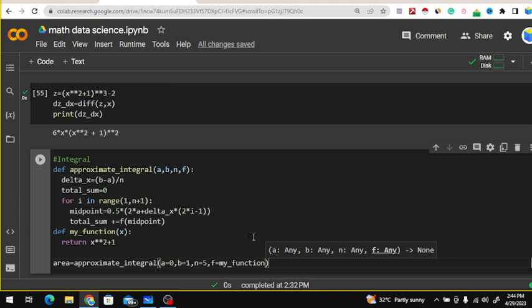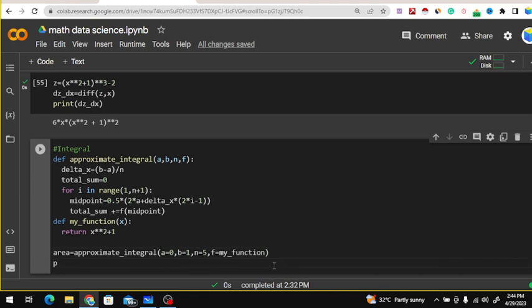Now I want to print area. Let's see here.